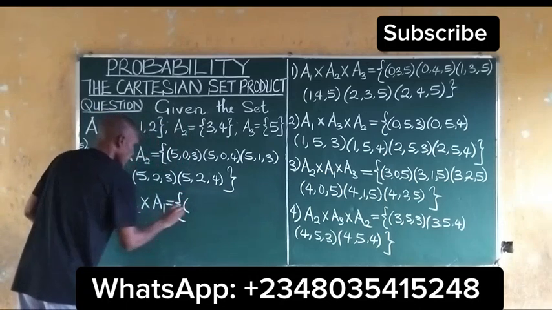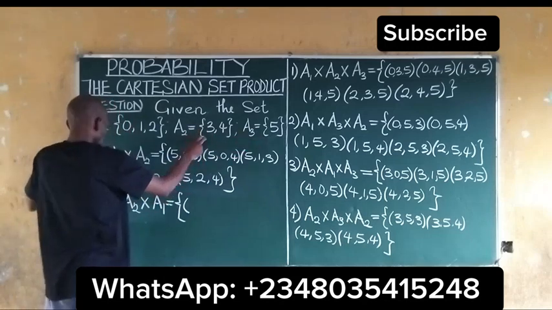So we draw our curly bracket, then we write A3, A2, and A1.